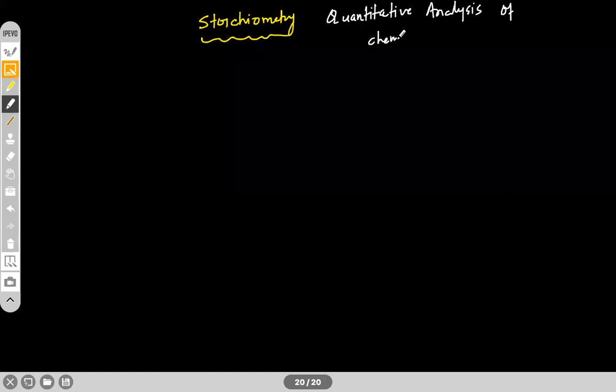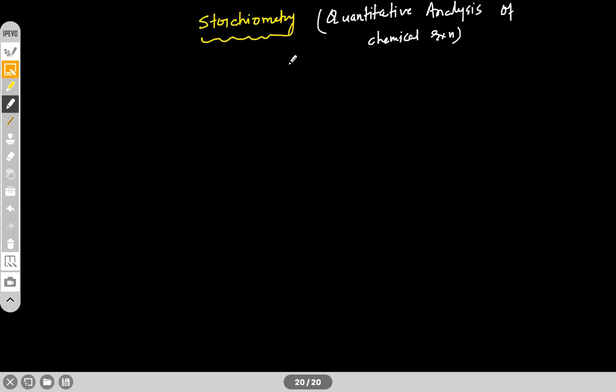Stoichiometry is what? In this particular topic, we are going to study chemical reactions and quantitative analysis of chemical reactions, right? We'll do the quantitative analysis of chemical reaction, meaning what is the amount of product formed, like that, okay? Quantitative analysis of chemical reaction.